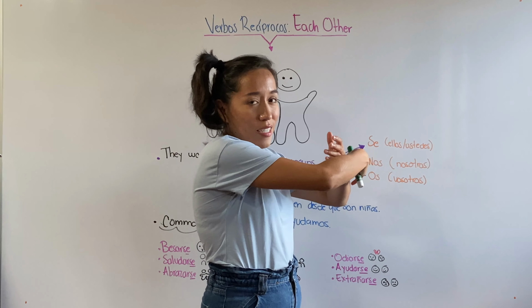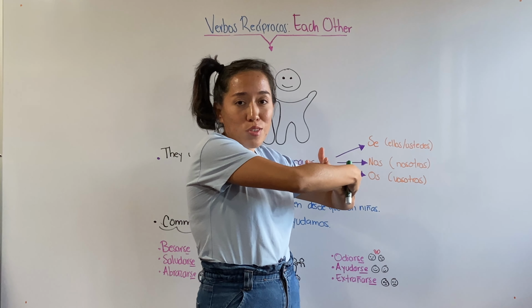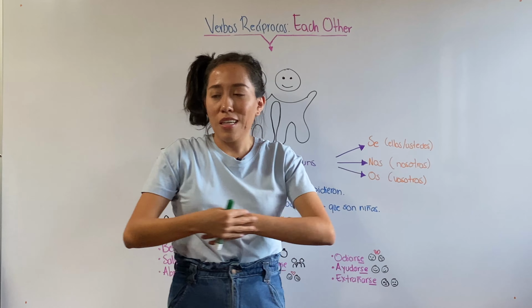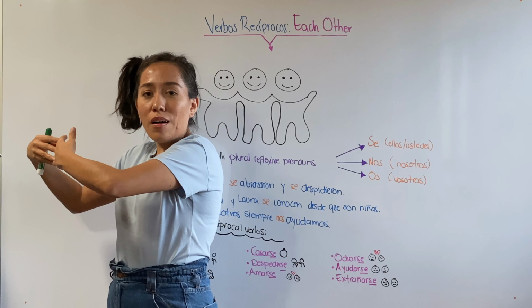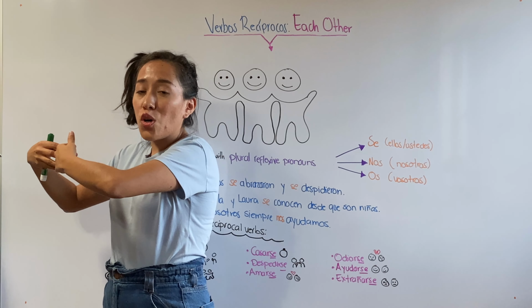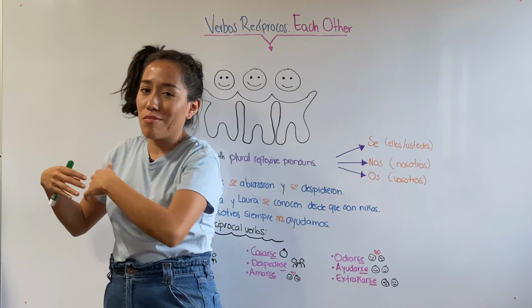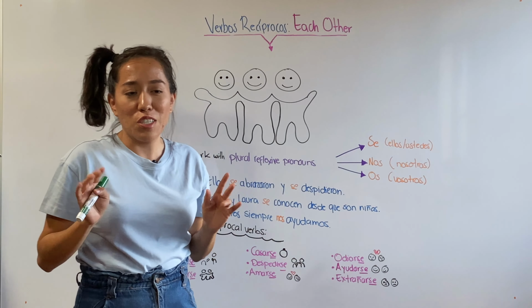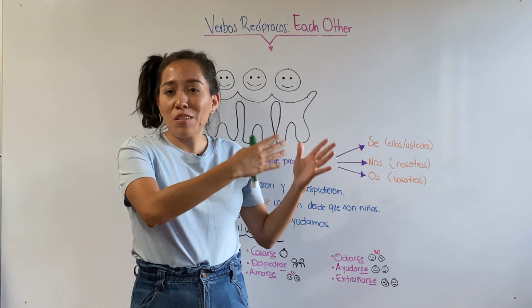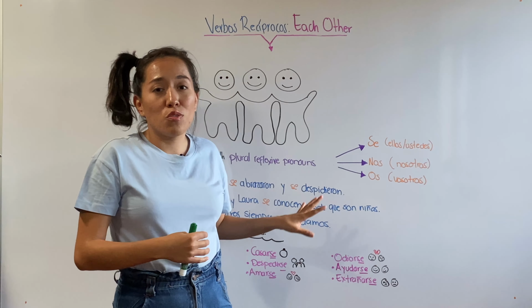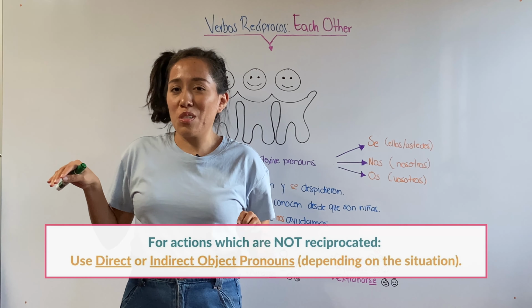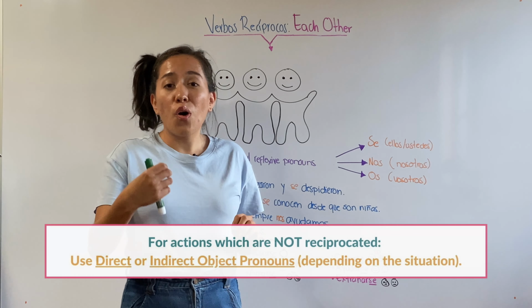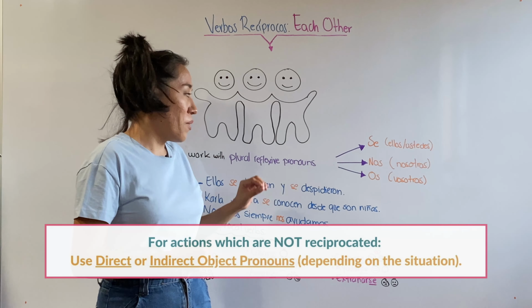So in this case, Carlos is a good friend. "Nosotros nos abrazamos." In this sad, broken example, "yo abrazo a mi hermano. Yo lo abrazo." I hug him because he has some issues. So if you have a good friend like Carlos, you're going to use reciprocals. If you have someone like my brother, you're not going to use reciprocals. You are going to use another set of pronouns, okay?